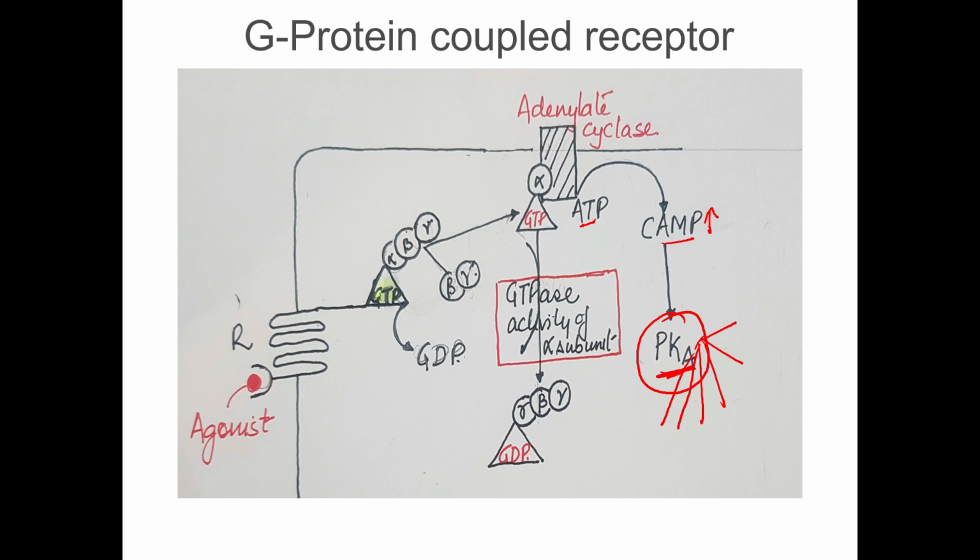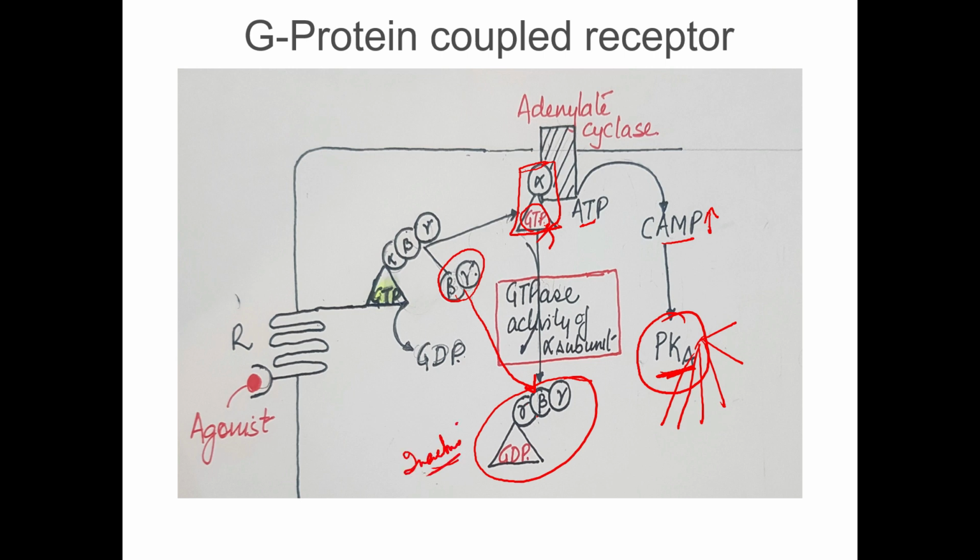Now once this action happens, what happens next? The alpha subunit has GTPase activity. It is going to cause the hydrolysis of GTP into GDP. Once GTP gets hydrolyzed to GDP, the beta and gamma subunits come and get associated with the alpha subunit again, and it is in an inactive phase.